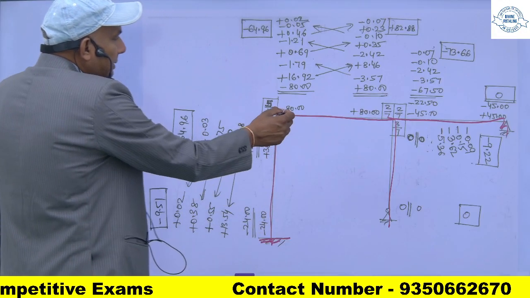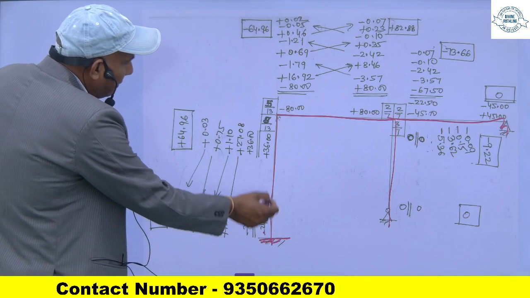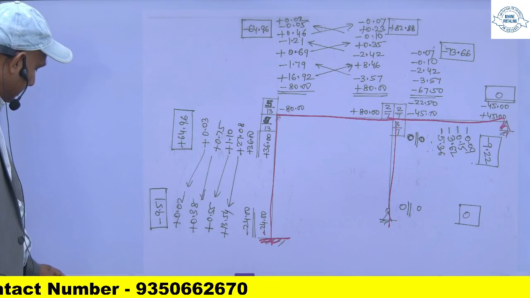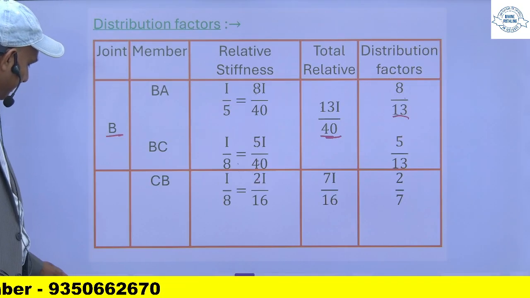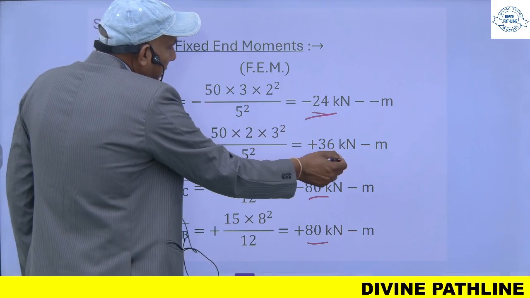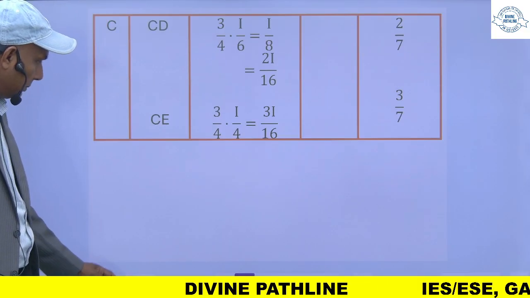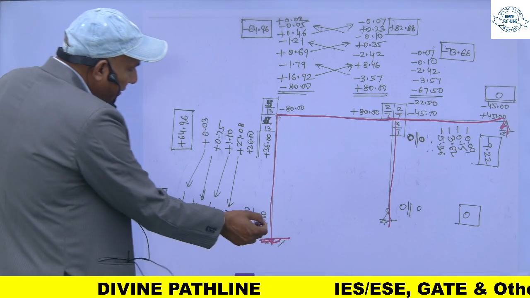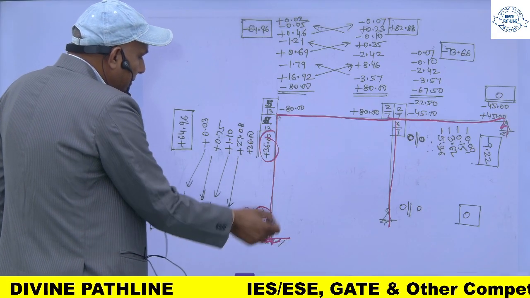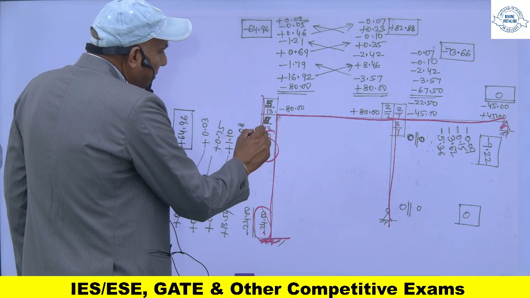For this member it is minus 24 and plus 36 fixed end moments. For this member it is minus 24 and plus 36. Minus 24 and plus 36 for MAB, and this is for BA.